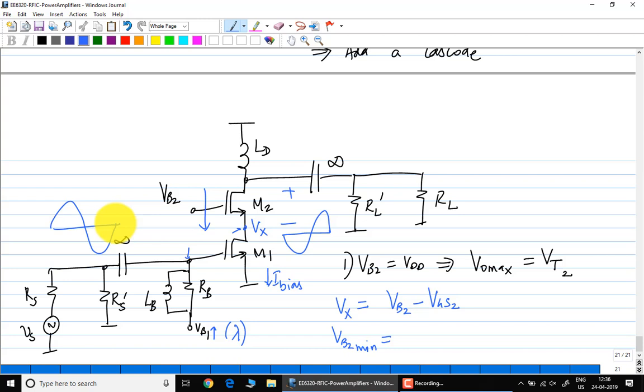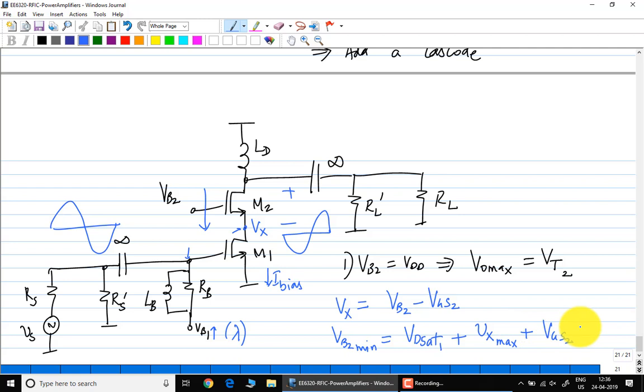So for the bias, you will need to give, I will write it in this manner, VDSat1, plus the maximum swing, the amplitude of the swing you will get, plus, I'll just write it as VGS2.